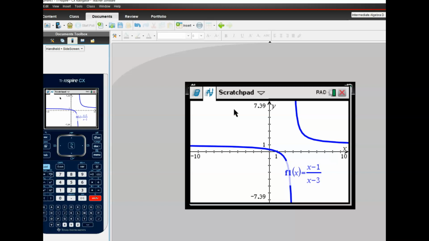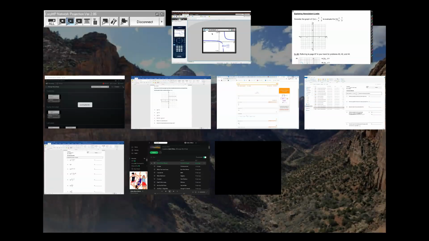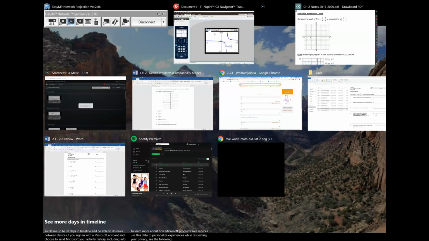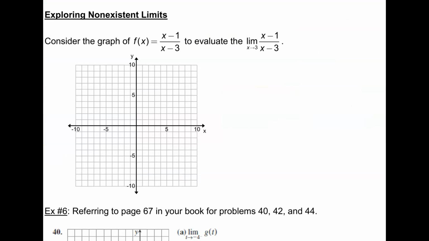Okay. So if I could copy, I thought I could just copy the window. It's fine. I don't know what it looks like. Oh my gosh. There's so much stuff open. Okay. So it looks something like this.